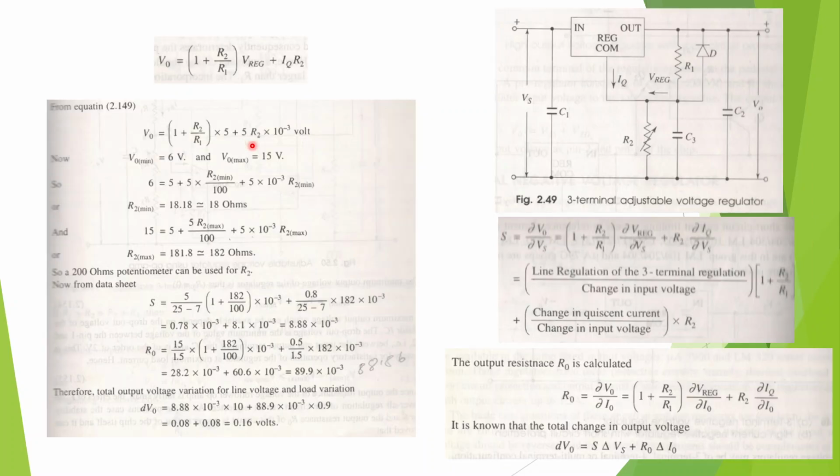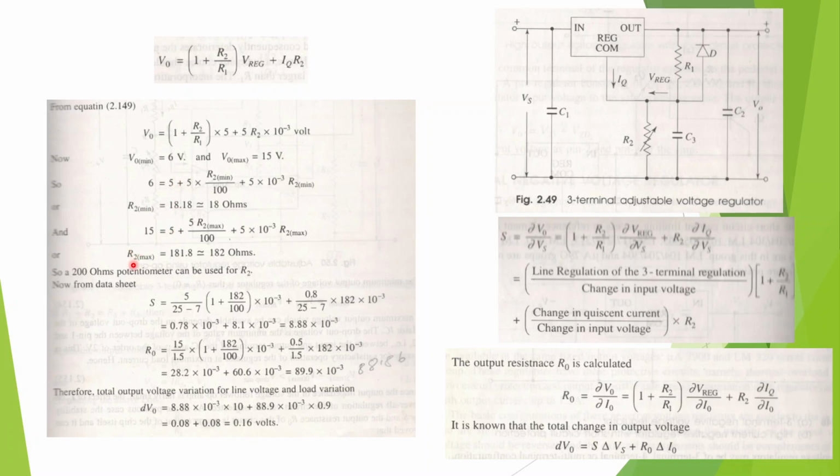So let us calculate the value of R2 for 6 volt. In this equation we put Vout as 6 volt. The R1 we already calculated as 100 ohms. IQ is given to us as 5 milliampere. We put these values and do the calculation, and we get the value of R2 as 18 ohms. Now this is the value of R2 for the minimum output voltage of 6 volt.